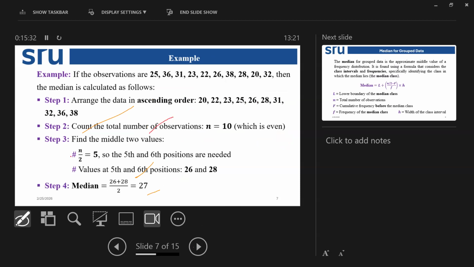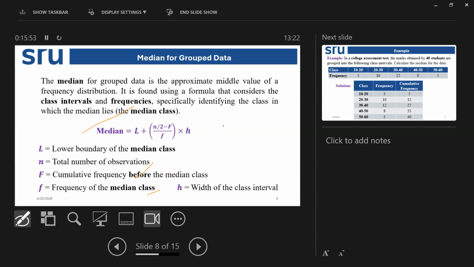If it is an even number, we have to take the average of two numbers. If it is an odd number, it is easy to identify the middle one, right? If it is an even number, it is very tough for us to identify the middle, that is why we are taking the average of two numbers. So this is about the median calculation.